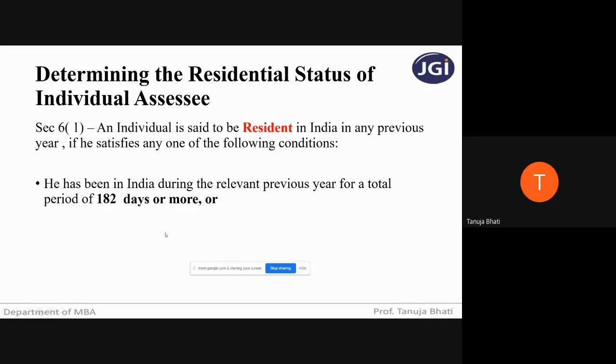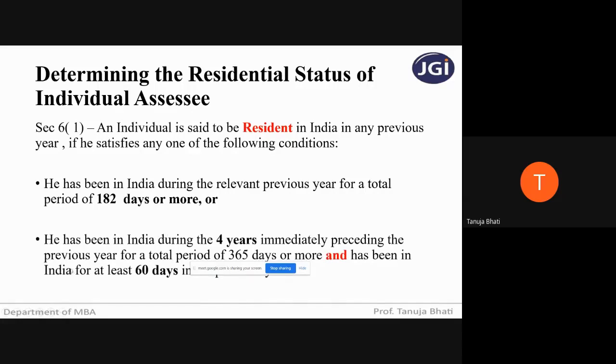Or the second condition: he has been in India during the 4 years immediately preceding the previous year for a period of 365 days. First, let us understand up to here. Is the first condition clear? Yes.